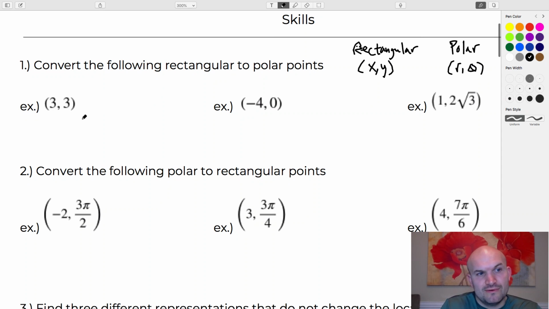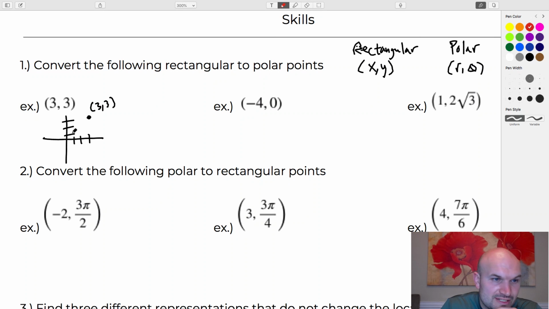On this first point, we have (3, 3). So 1, 2, 3, and 1, 2, 3. Here's the point (3, 3). To understand polar points, we need to figure out the distance it is away from the origin as well as the angle theta.